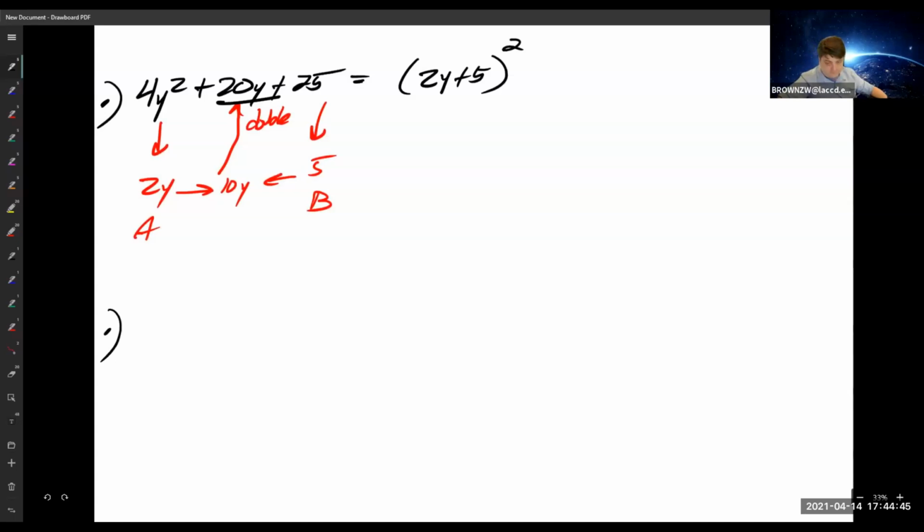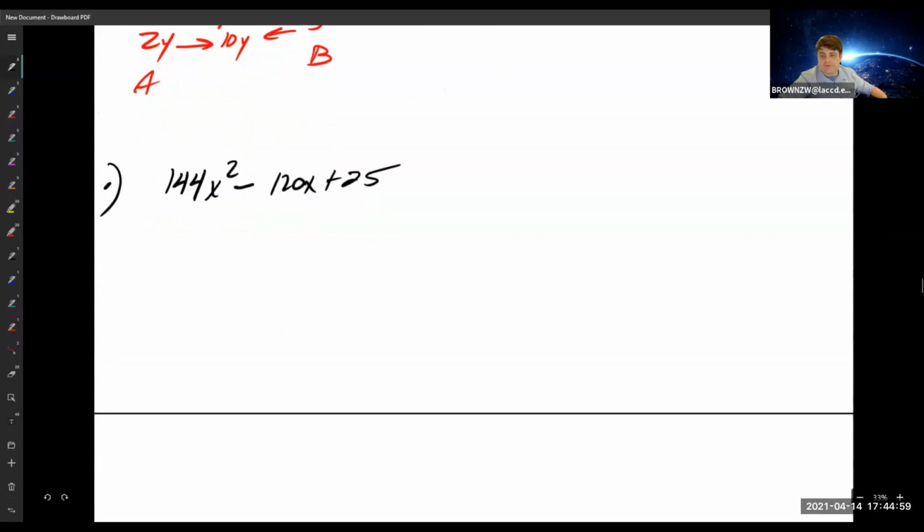Let's look at this one. If you're doing this the old-fashioned way, you'd have to say, all right, well, there's no number that goes into 144, 120, and 25.